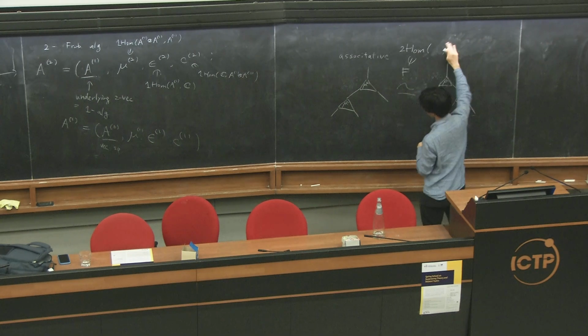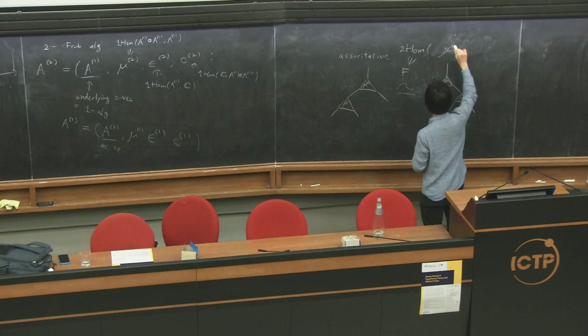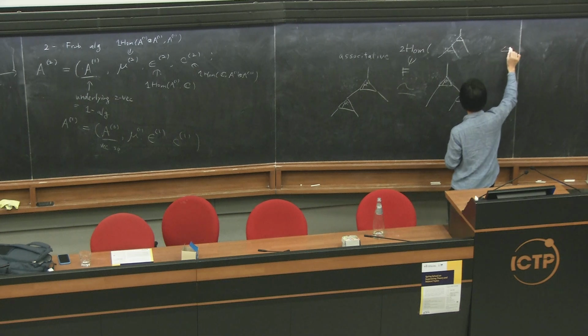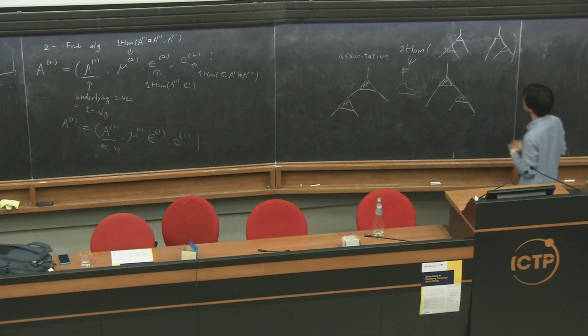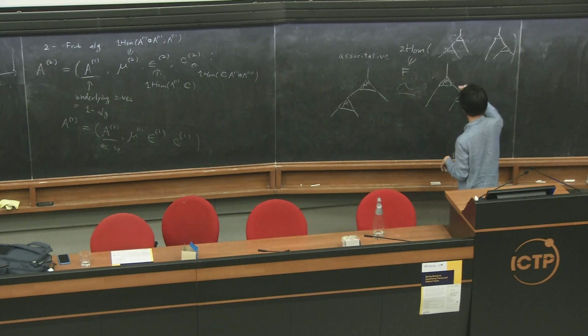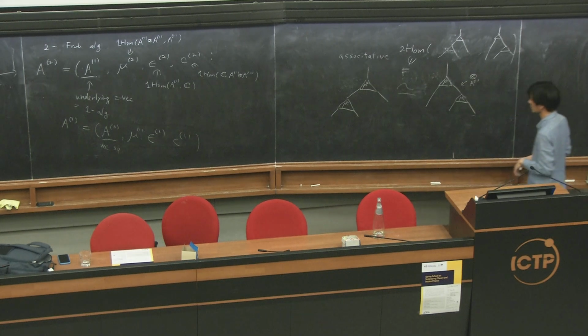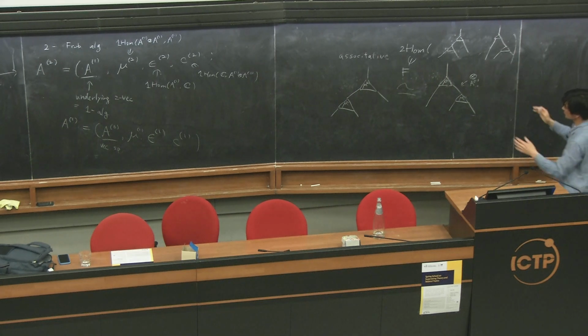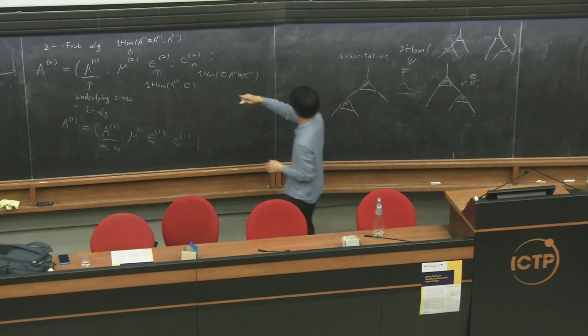Well, let me draw the diagram. That's easier. And then there are two ways of contracting. This contraction again is a tensor product over A1, the underlying 2 vector space. Okay, and there are two ways of contracting this bimodule.